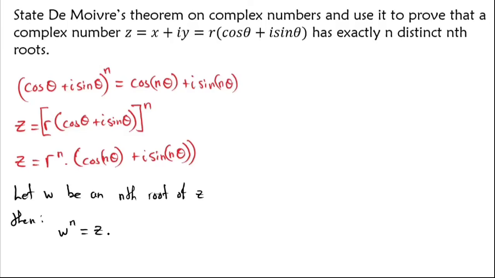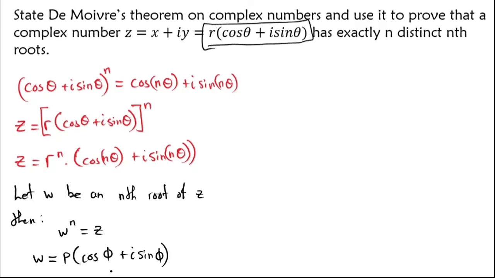So if that's the case, let's write w in polar form. If we write it in polar form, w is equal to, now let me avoid r, let me use p to represent the modulus, then cos phi plus i sin phi. This is just what I have here, same thing, but I'm just using different letters to differentiate what we're doing.